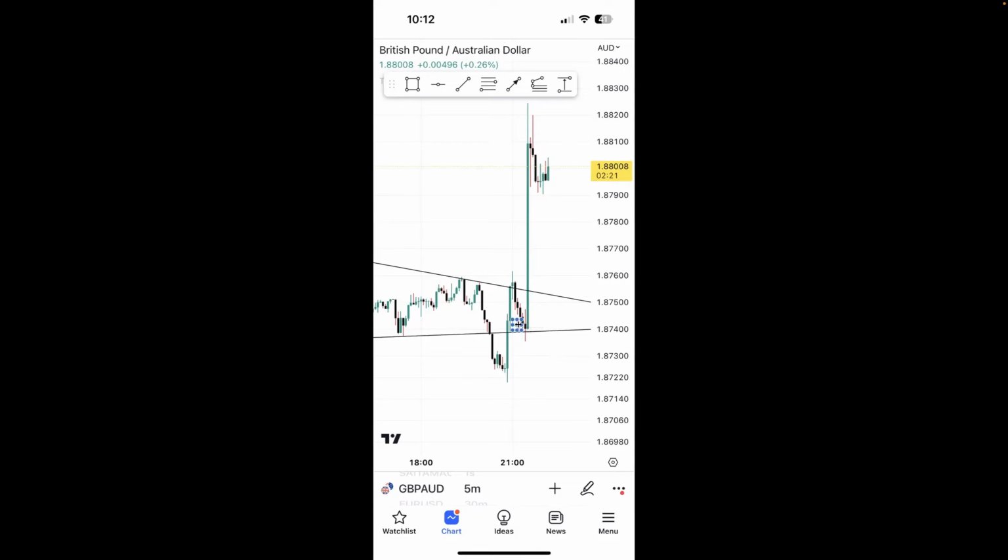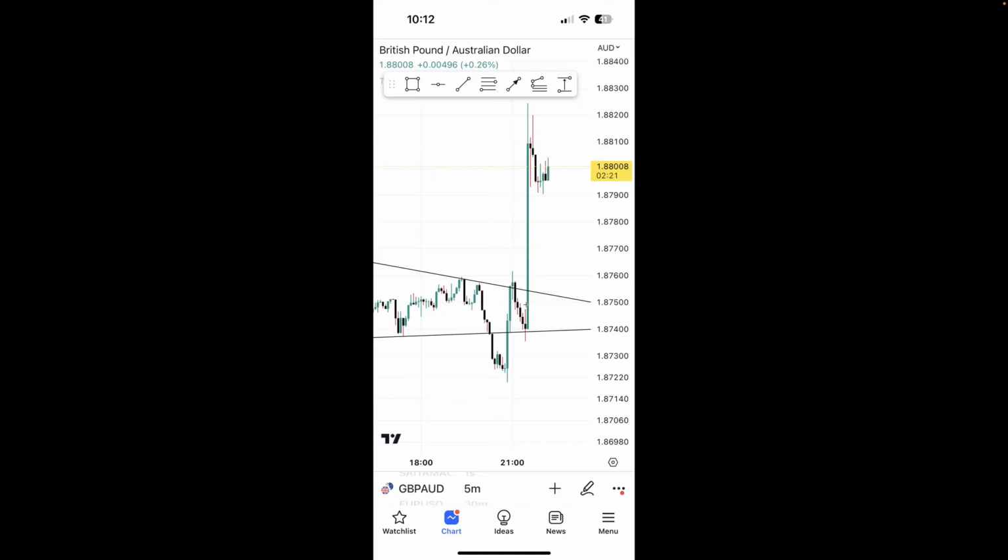So how you would take this trade is you would be placing a buy order above the top of this candle. Literally above where my crosshair is, you will be putting a buy order, right?